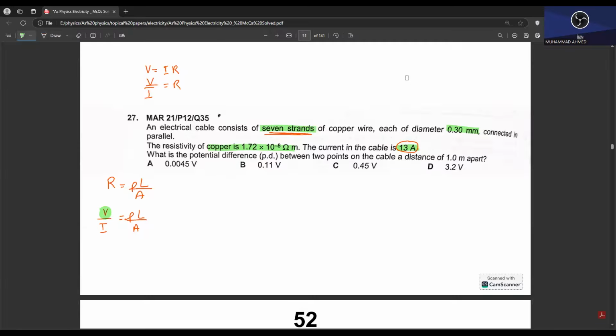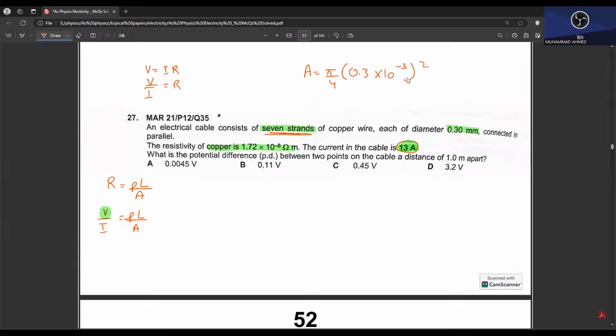Are you given the value of current? Yes, 13 ampere. Are you given the value of resistivity? Yes. Are you given the value of length? Yes, 1 meter. Are you given the value of area? No, but you are given the diameter. Can you calculate the area with that? Area is pi over 4 into diameter square.